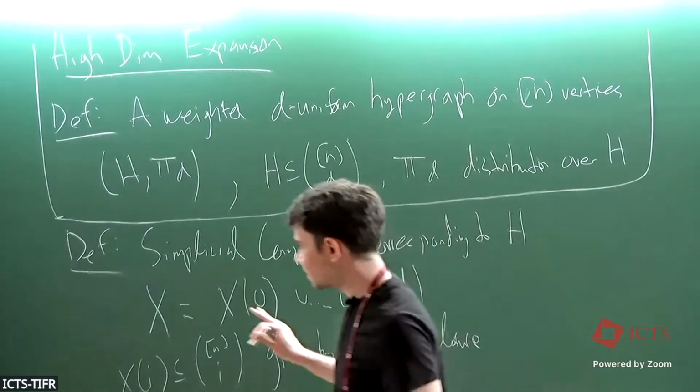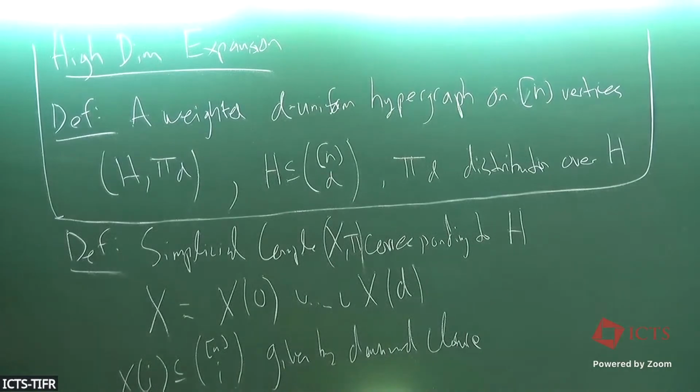Okay. And this downward closure operation also induces a natural distribution on all of these levels. We started with a weighted hypergraph, which meant we had some distribution pi 3 in this example up here. And how are we going to generate pi 2, pi 1, etc.? Well, just like we did in the graph case. If we have pi 3, we sample an edge by first sampling a random one of these, and then randomly taking an edge out of this 3-tuple.